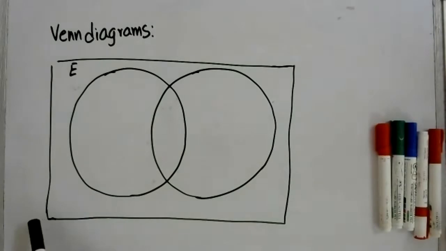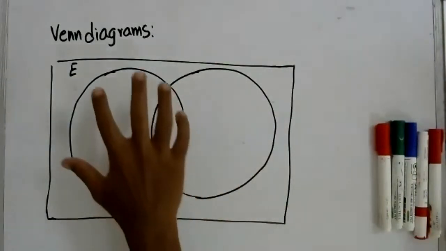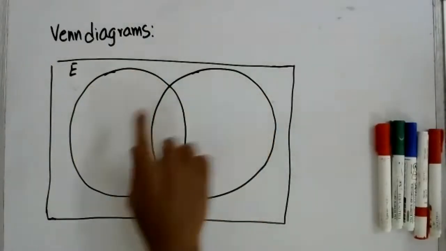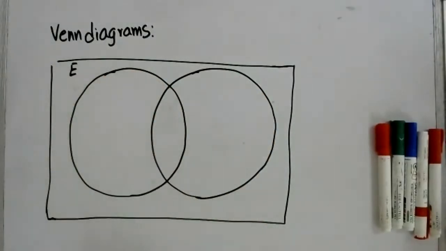So we know that in a Venn diagram you have a set of something. It could be numbers, it could be objects, a different sort of assorted collection of things. And within that universal set, you will have a specific set. So these circles represent those sets. Then we define that set.